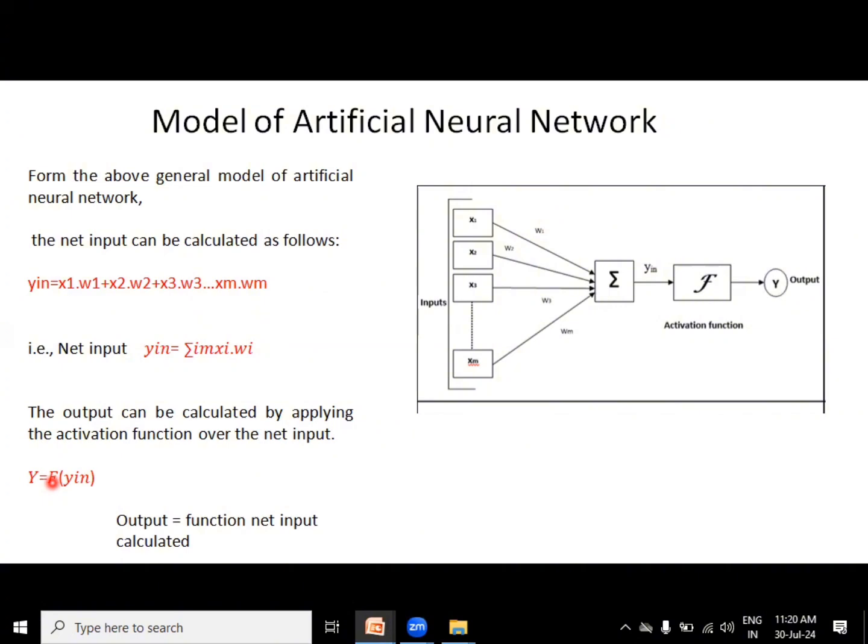This is called the activation function. So first we apply the input, next we add the input with the weight. The summation is then applied to the activation function. Once the activation function is applied, we get the output. So output is equal to function of net input.